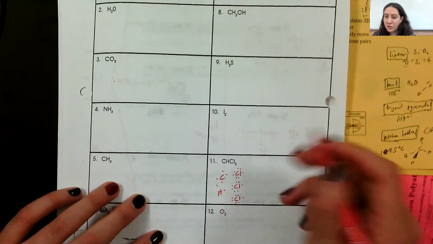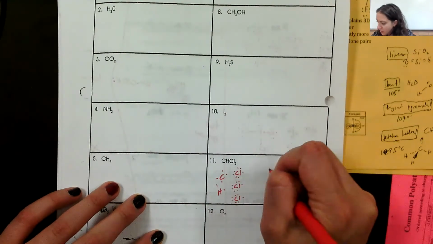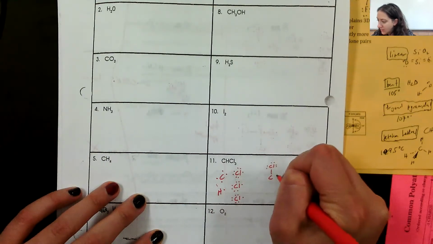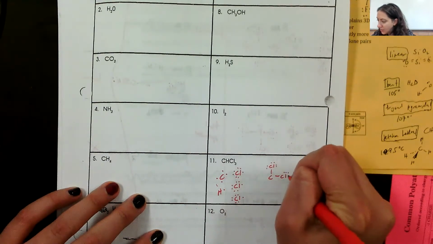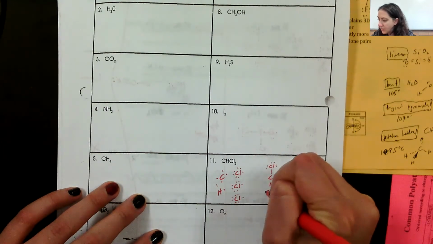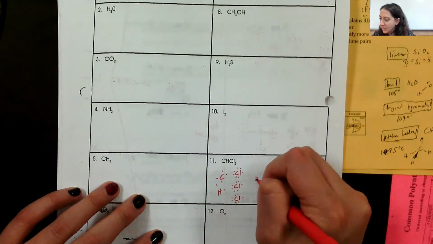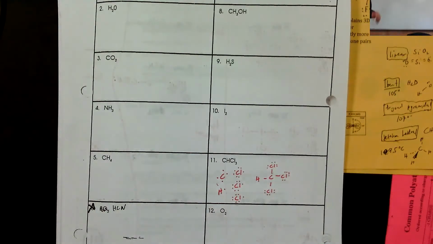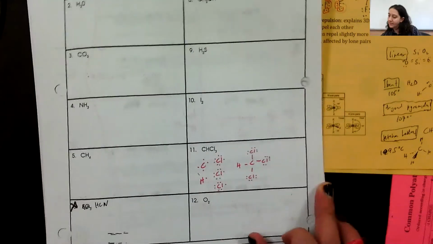So it looks like carbon should be in the middle. And then we're going to have a chlorine attached, another chlorine attached, a 3rd chlorine. It doesn't really matter which order you put these in, but then this one's going to be a hydrogen instead. So the shape of this one should be, well, it's a central atom with 4 things attached. That sounds like a tetrahedral to me.